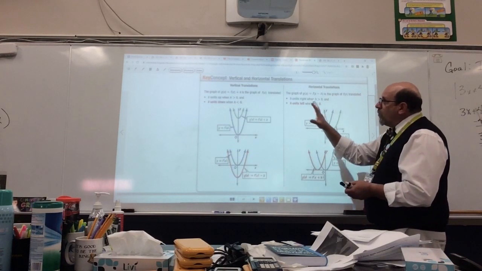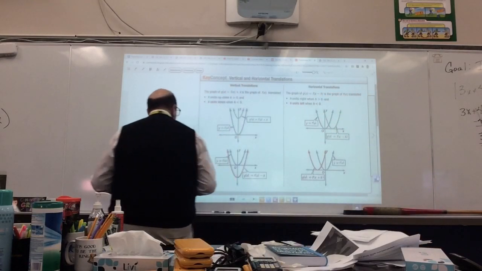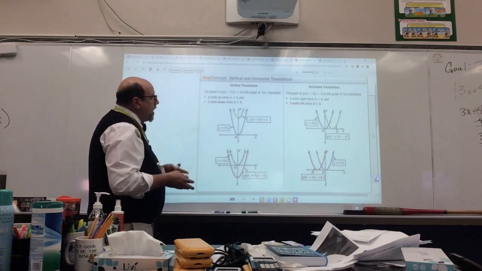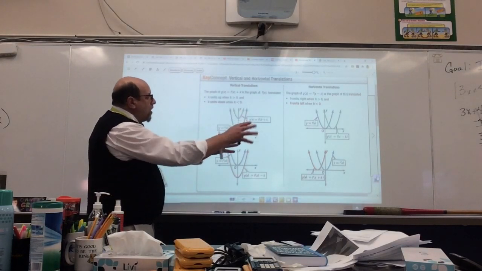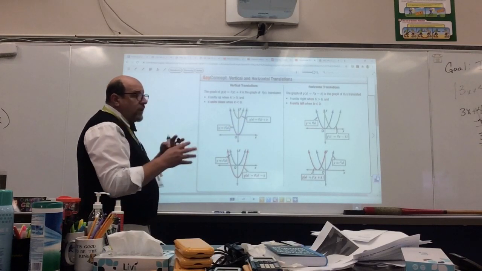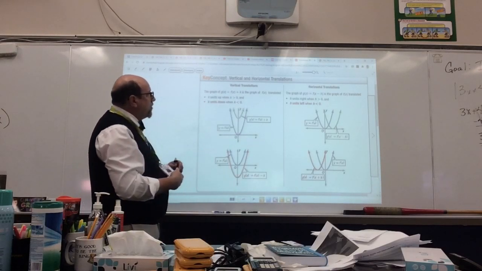And these are rigid transformations. The translations are simple. Translation just means we've moved it up, we've moved it down, we've moved it over to the other side. And they're pretty easy to see if you're just looking at the function itself.